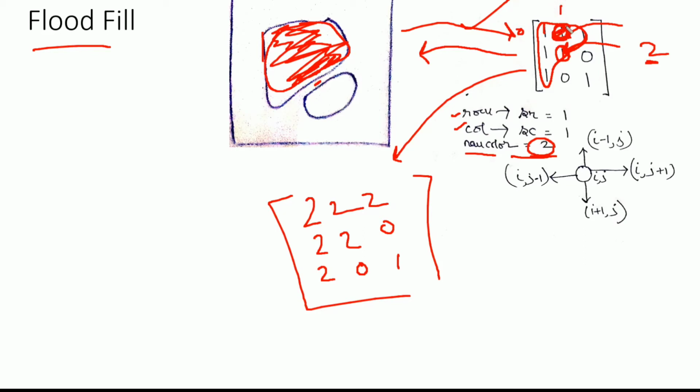So all the pixels having value 1, and adjacent or connected to this will change its color, okay, from 1 to 3. So again we will get a different output, that is 3 3 3 3 3 0 3 0 1.